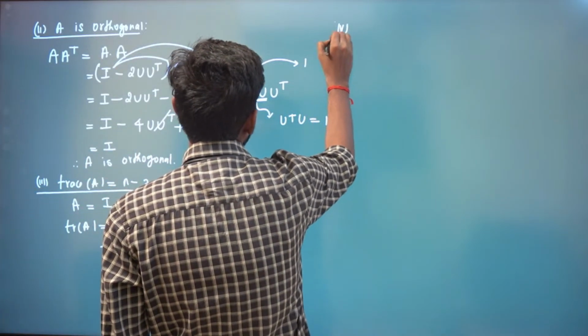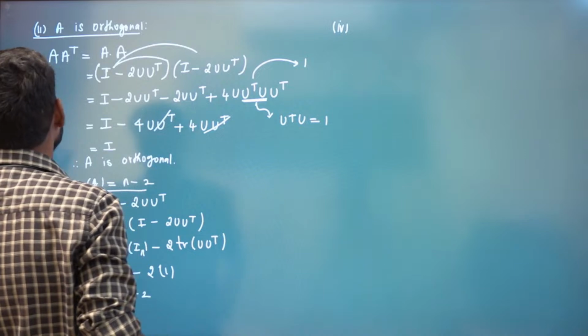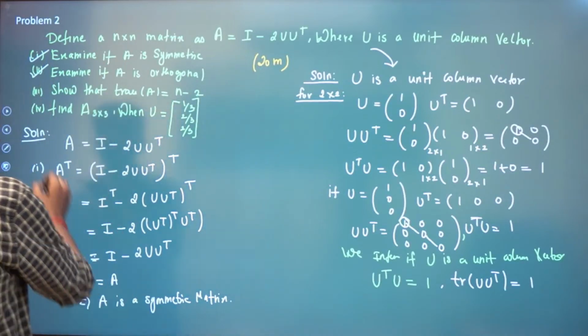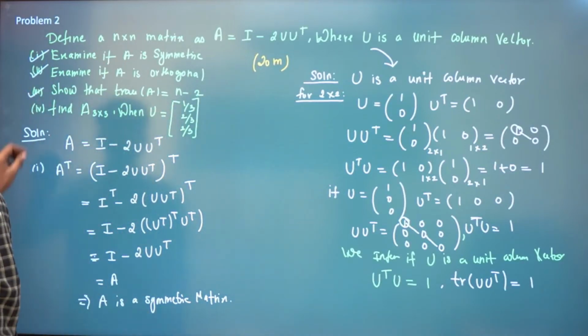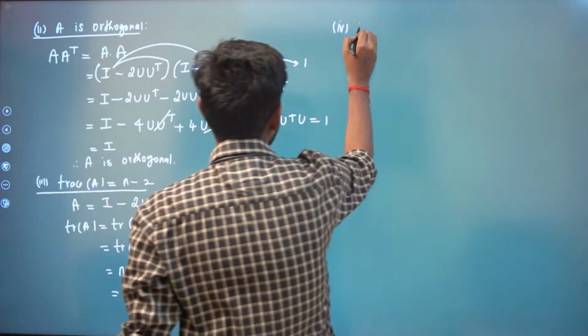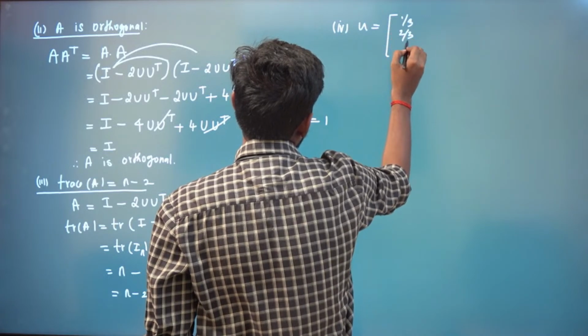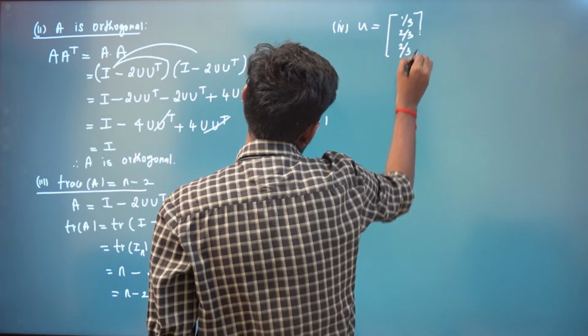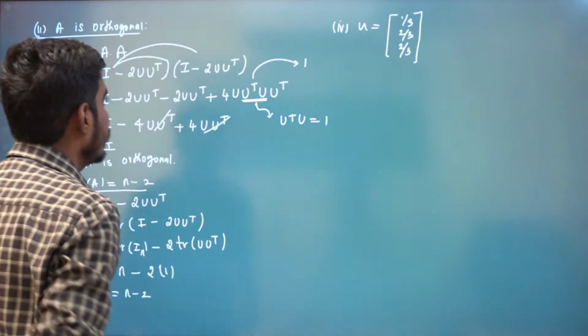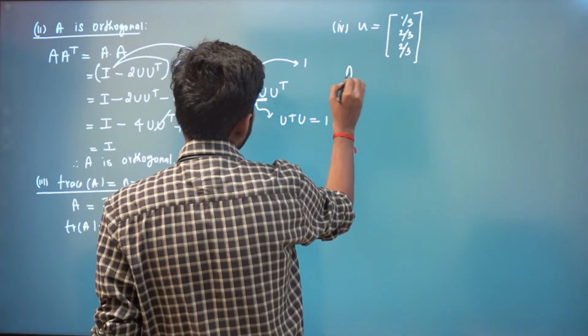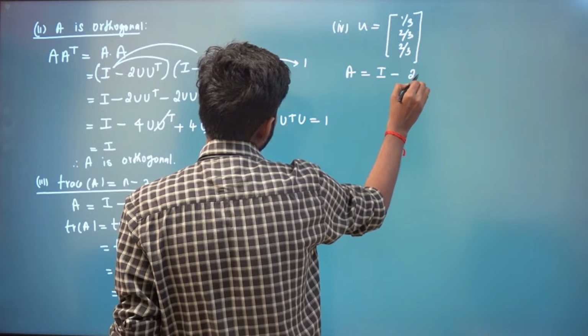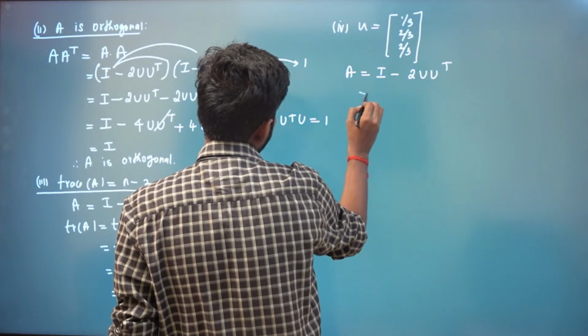So what is the fourth thing they have asked? They have asked: find a 3 by 3 matrix A when U is 1 by 3, 2 by 3, 2 by 3. So we need to find a 3 by 3 matrix A. So what is A actually? A is given by I minus 2 U U transpose.